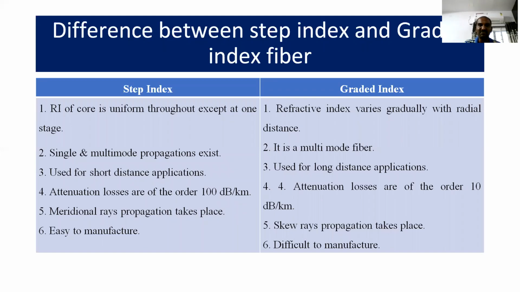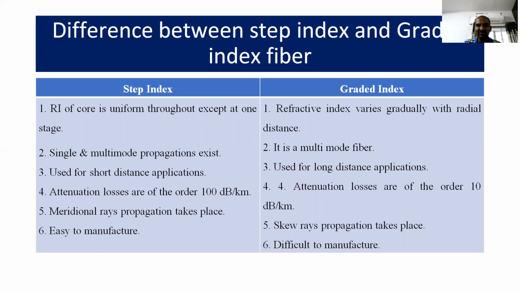Usually step index fibers are used for short distance applications, whereas gradient index fibers are used for long distance applications. In step index fiber, attenuation losses are in the order of 100 decibels per kilometer, which is usually high. But in gradient index fiber, attenuation losses are only in the order of 10 decibels per kilometer, very low compared to step index fiber.